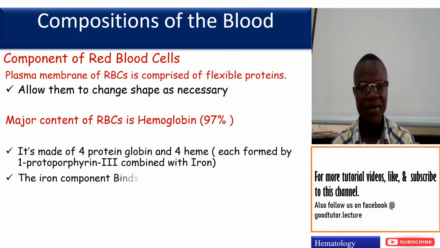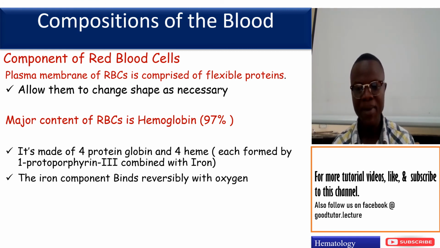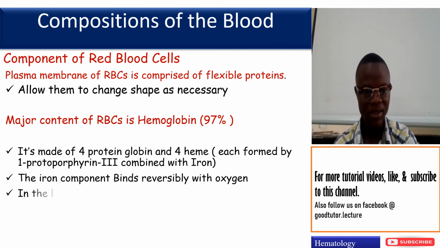Also, the iron component of the heme bonds reversibly with oxygen. So, especially the divalent form of the iron molecule bonds with oxygen in the lungs, and within the tissue, it releases the oxygen.